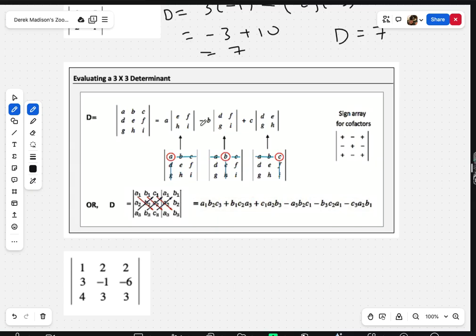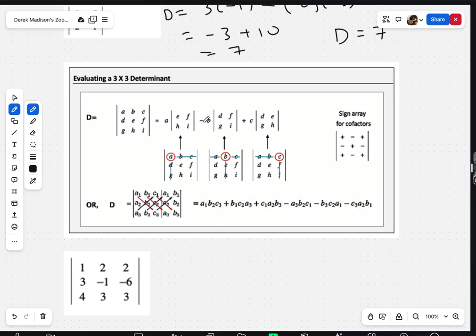There's this little minus on the B, and this is the sign array for the cofactors, and again the cofactors are these values that we're expanding along. It's not that they're positive, negative, positive. Think of this more as positive as leave the sign alone, and negative as opposite sign.